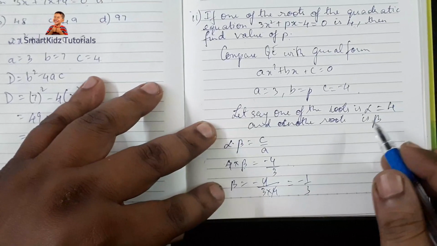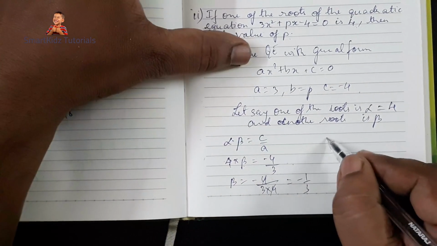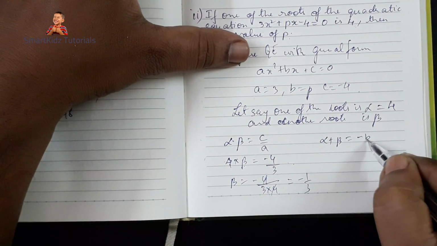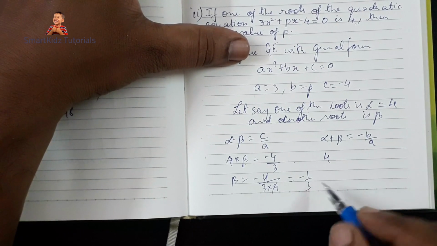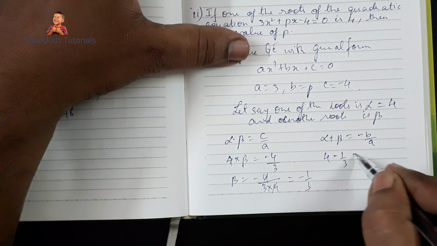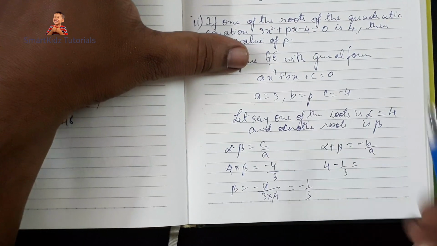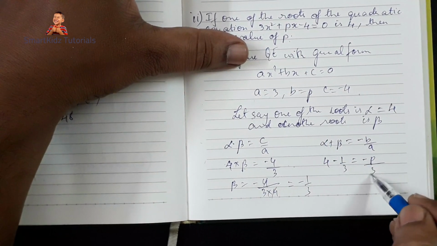Then we'll take alpha plus beta. Let's see what we get. Alpha plus beta is equal to minus b upon a. Alpha is 4 and beta we just found is minus 1 upon 3, equal to minus b, b is p, so minus p, a is 3.